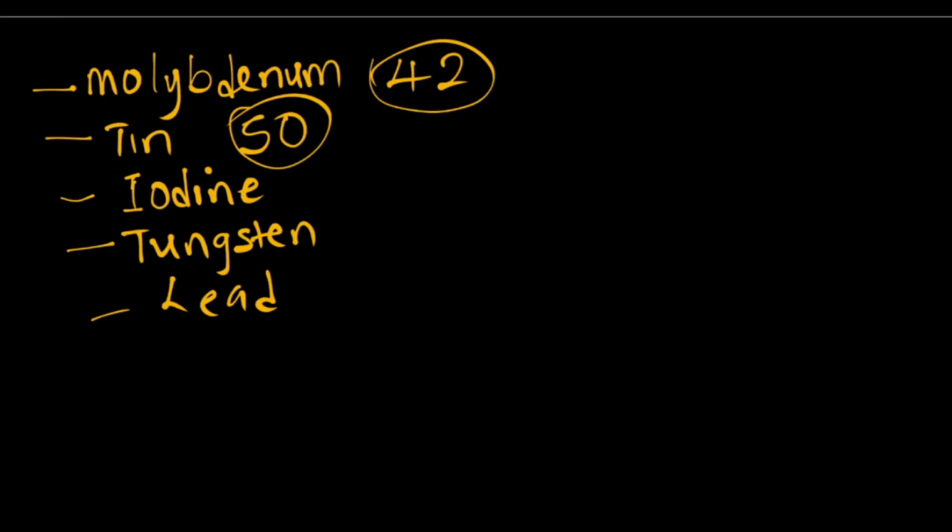Next is iodine with atomic number 53, crucial for thyroid hormone production. Next is tungsten with atomic number 74, used by some bacteria in redox reactions.